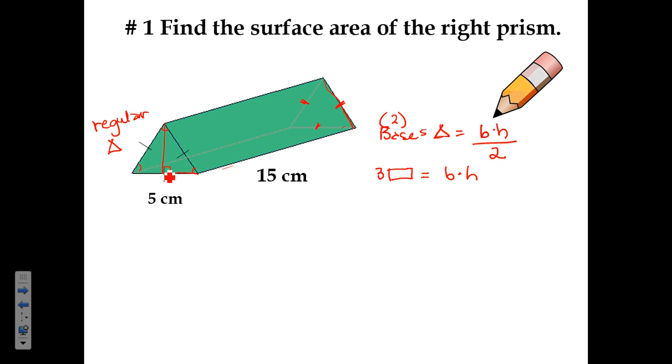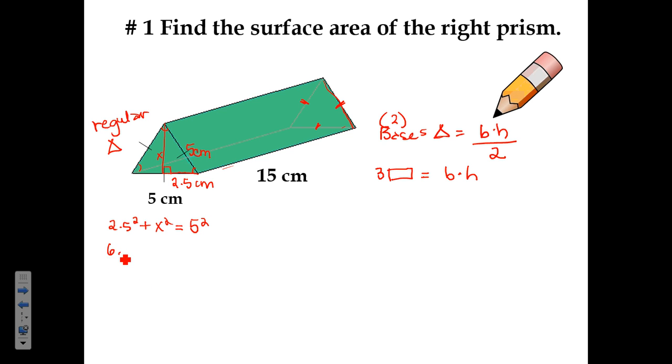If I drop an altitude down, this would be 2.5 centimeters. This is still going to be 5 centimeters. So I could use sine, or I could use the Pythagorean theorem. Whichever works for you. I'm going to do the Pythagorean theorem. I haven't done that in a while, so 2.5 squared plus x squared is equal to 5 squared, because we're looking for the height.